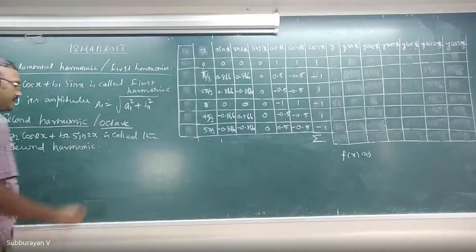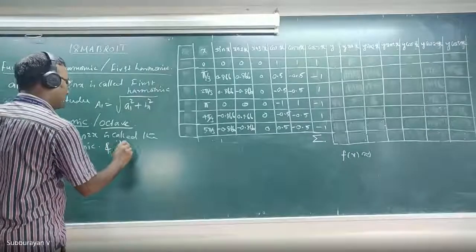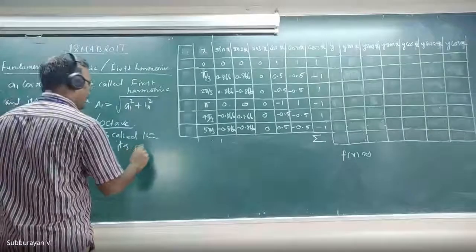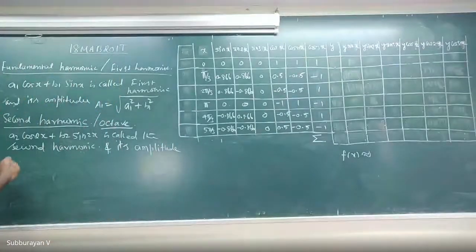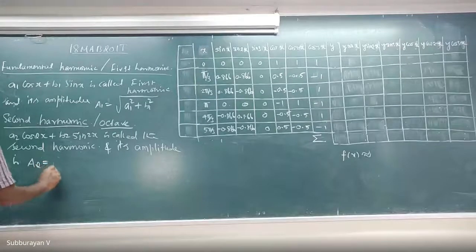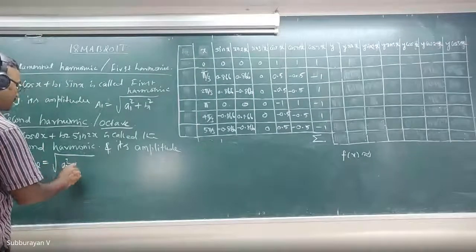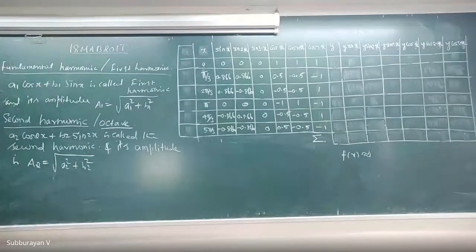Second harmonic. And its amplitude A2 is equal to under root A2 square plus B2 square. Okay.